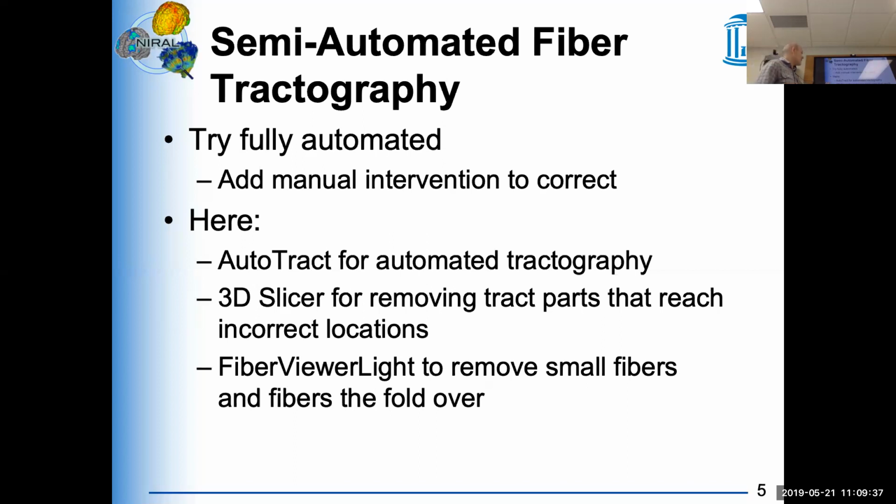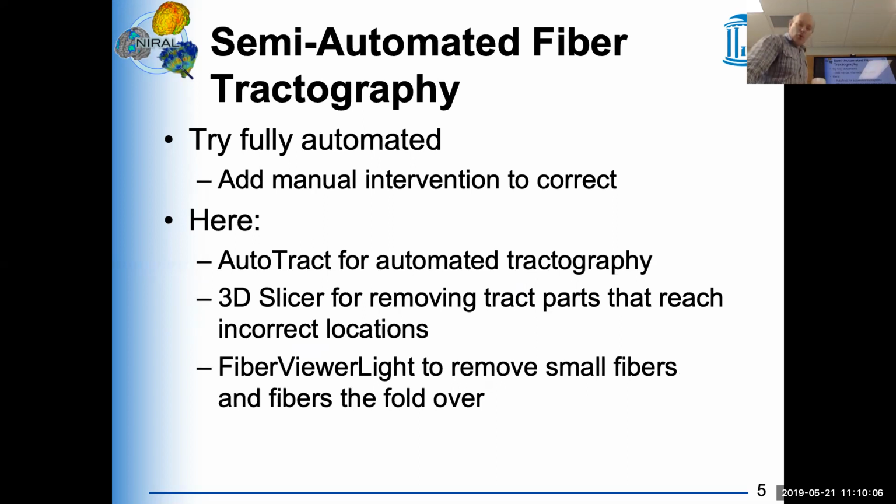These two tools have slightly different views, and really in Fiber Viewer Lite we only need one little thing, and I'm pretty sure we already implemented a Slicer module that replaces this one, but I cannot remember where the student stored that module. We'll probably have to re-implement it because we lost it. Anyway, we'll get to that.